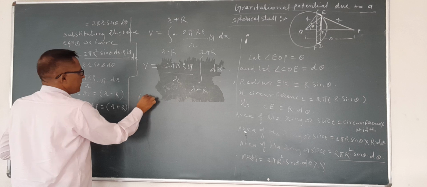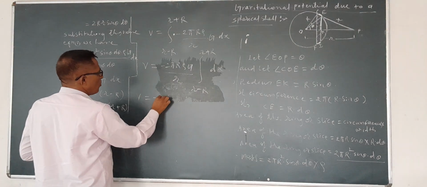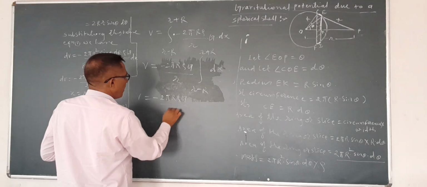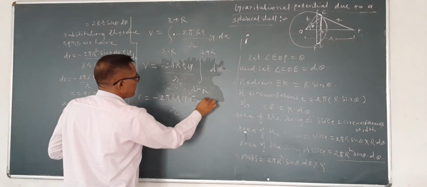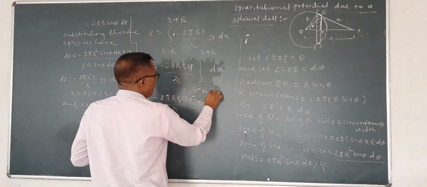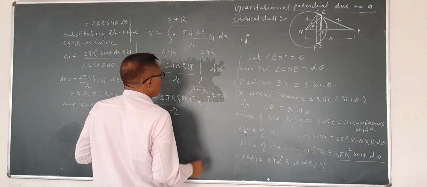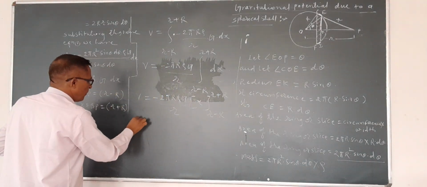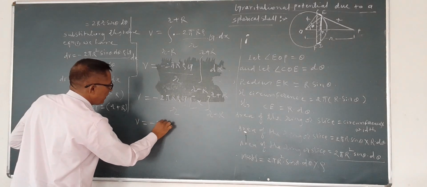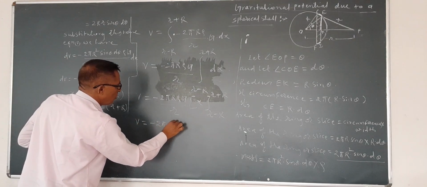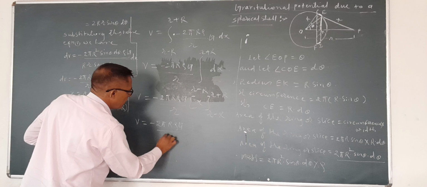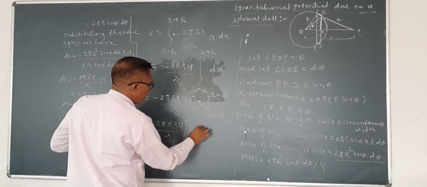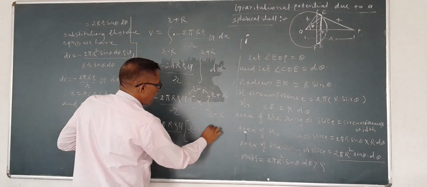If we integrate dx, we get minus 2π R ρ G upon r into x, with upper limit r plus R and lower limit r minus R. Now put the upper limit and lower limit.